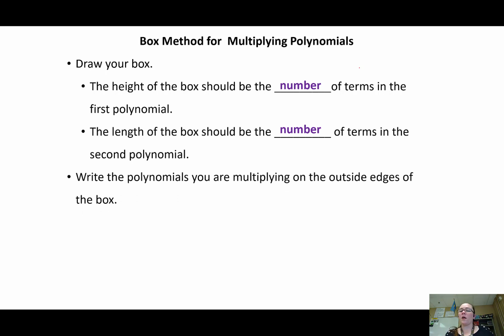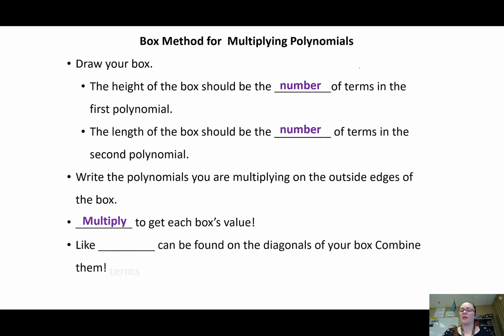We're going to write our polynomials on the outside edges and then multiply to get each box's value. From there, our like terms can be found on the diagonal, and we can combine those, and then we'll write our answer in standard form.